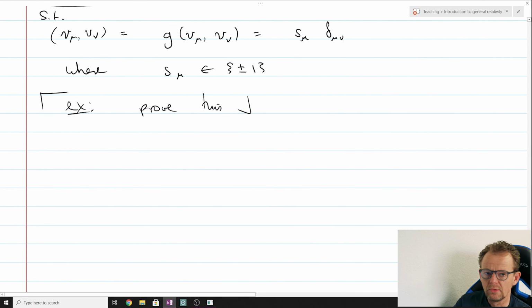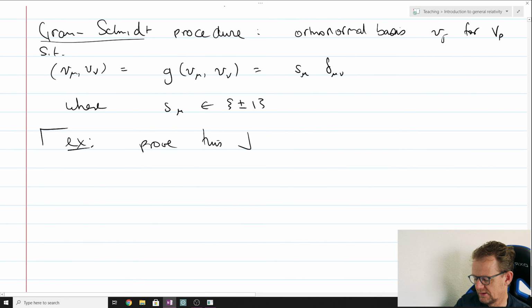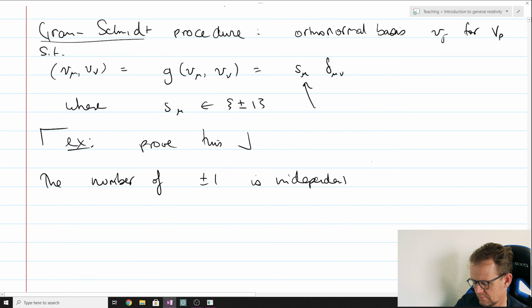So it turns out the number of positive and negative signs of these numbers here is actually an invariant. It's independent of the orthogonal basis that you end up with in the Gram-Schmidt procedure.